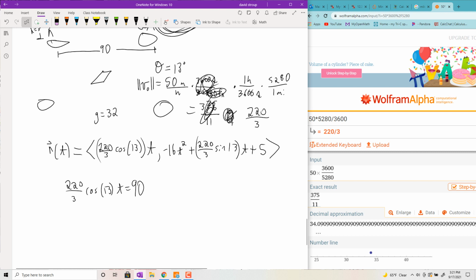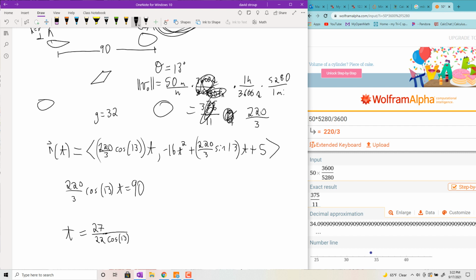So let's see what we get. I have t equals, and this is where I make all kinds of mistakes. I just try to do too much in my head. But anyways, 3 times 90 is 270. 270 over 22 is 27 all over 22. I probably made a mistake, right? I sure hope not. All over cosine of 13.